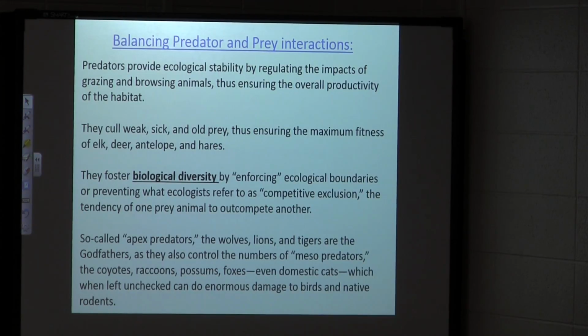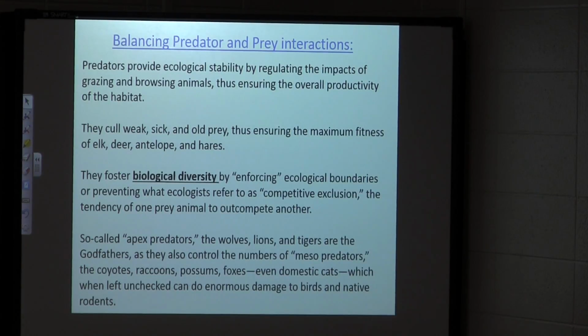They help regulate the impacts of grazing and browsing animals, and ensure overall productivity of the habitat. One of the purposes of predators within the environment is that they help to cull the weak, sick and old prey, allowing the maximum fitness and survival of the fittest to continue on.